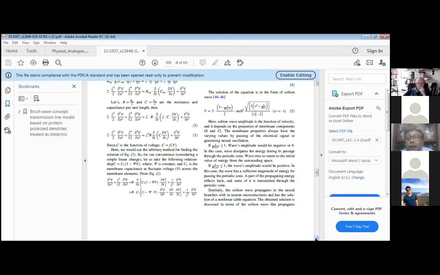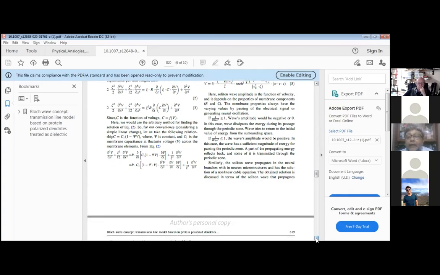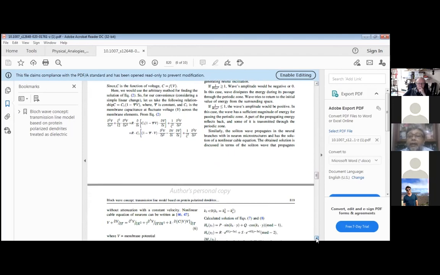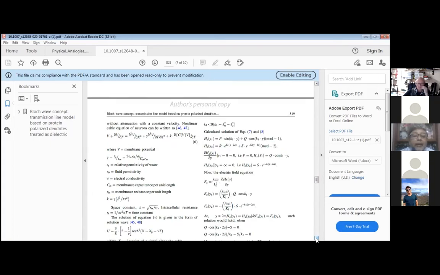So similarly, the soliton wave propagates in the neural branches and the neuron microstructures and is the solution of the nonlinear cable equation. The solution is discussed in terms of the soliton wave that propagates. You can see we found this nonlinear cable equation, then we solved for that.